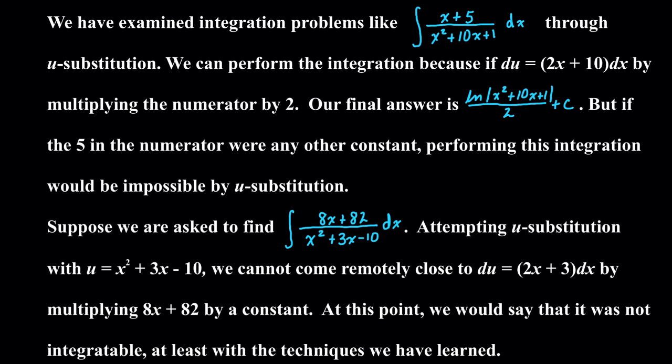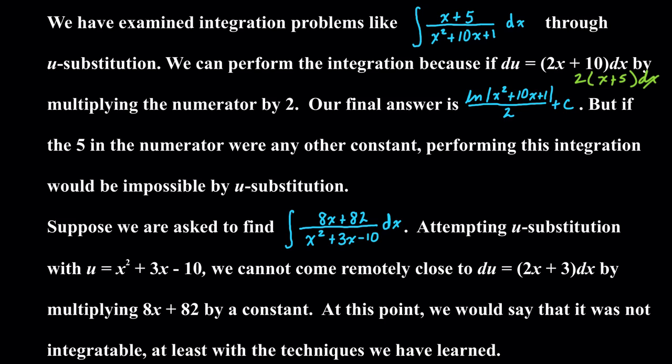And what we would do is we would let the denominator be the u value, and du then would be 2x plus 10 dx. Well, what we can do then is we can factor out the 2 out of that, which leaves you with x plus 5 dx.